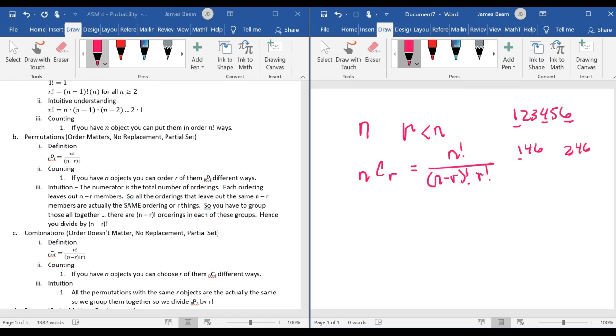But this is not different from 6, 4, 1 or 4, 6, 1. These are all the same because I don't care about the order in which the balls came out. It's just I've picked the balls 1, 4, and 6. I'm not replacing the ball. I don't care about the order in which they came out, and I'm only taking part of them. So this is when combinations happen. This is why saying combination lock is a misnomer.